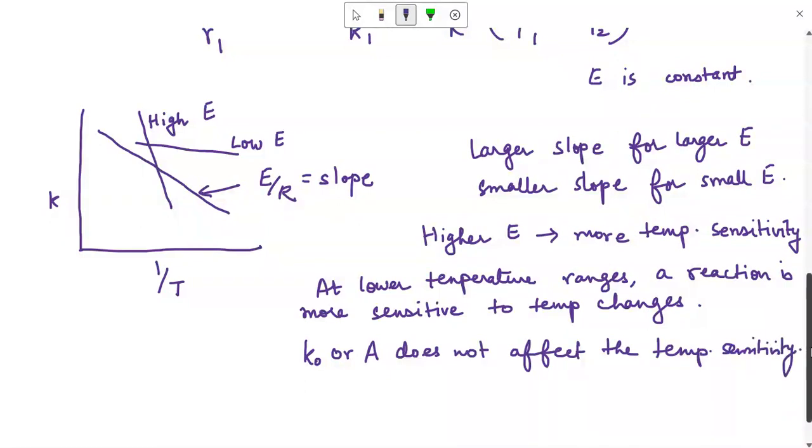So the main thing that you need to remember is, given your activation energy value, you can understand how temperature sensitive your reaction will be, and for a given operating temperature, you can understand how sensitive your reaction will be to slight temperature changes.